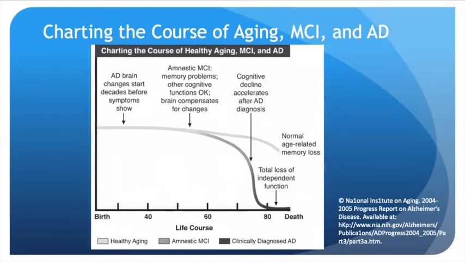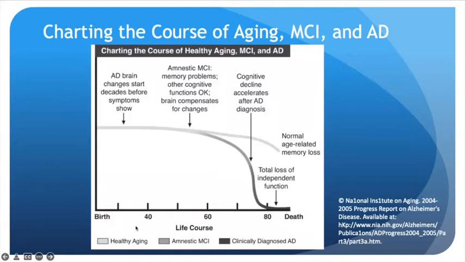So there is a difference between healthy aging and clinically diagnosed Alzheimer's disease, the most common form of dementia. Here you can see we're charting the course of healthy aging, mild cognitive impairment, and Alzheimer's disease.